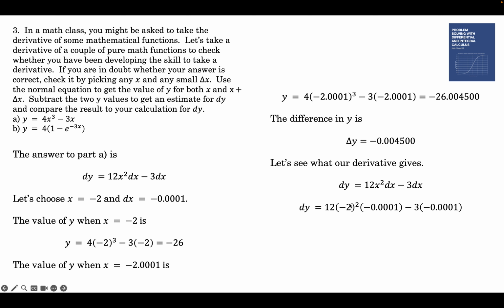So 12 times 4 times dx gives 0.0048, minus 3 dx gives 0.0003. So 0.0048 minus 0.0003 is 0.0045, which is exactly what we got by using the normal equation. Twice, it works, we're happy. On to part B.